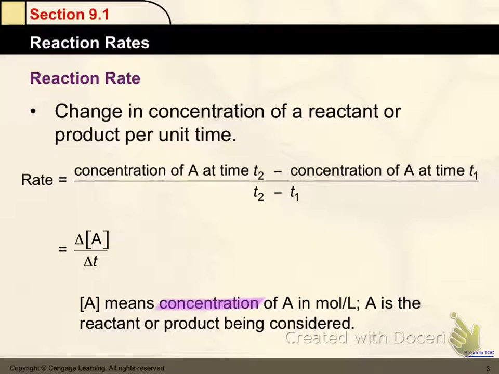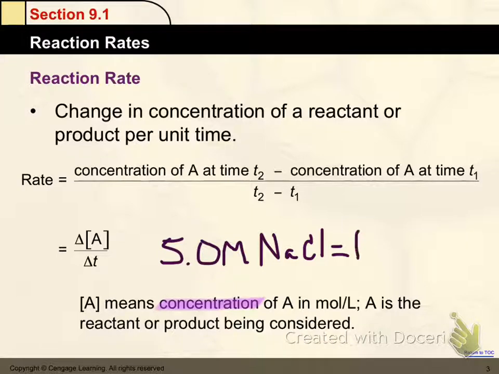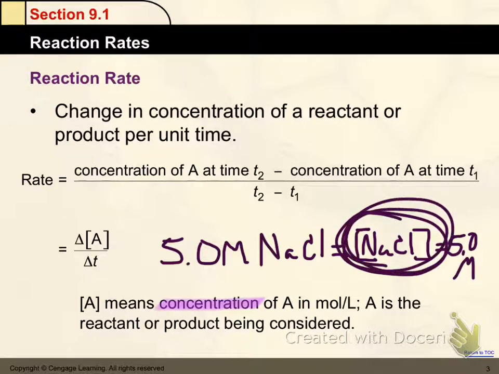So A is the reactant or product being considered. So we could say we've got a 5 molar sodium chloride solution, so it's 5 moles per liter. Or we could say that the concentration of NaCl equals 5 molar. Okay, so this just means concentration of that particular substance, whatever it is.